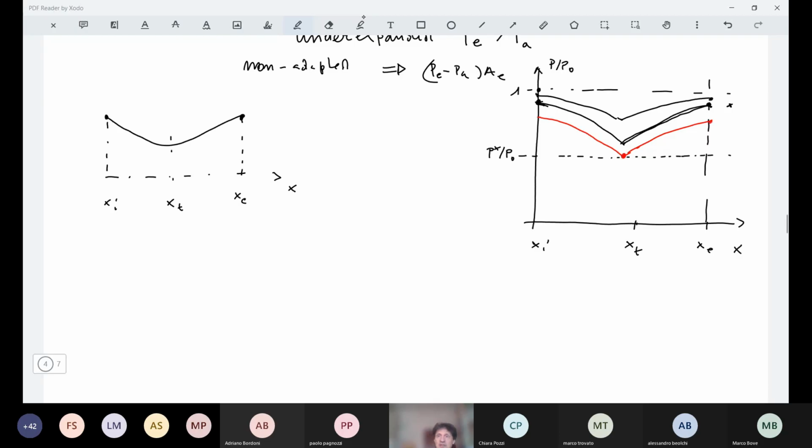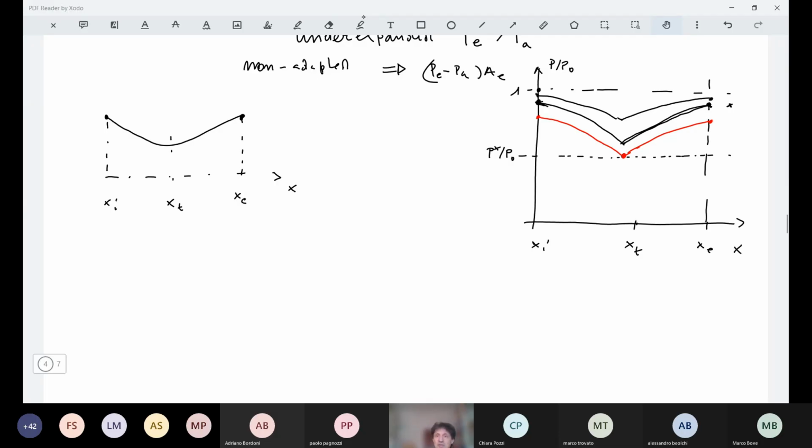And you see that here, in this red line, we just reached this critical value at the throat, but we went back, remaining in the subsonic branch, to the ambient pressure, which is higher than the critical one.